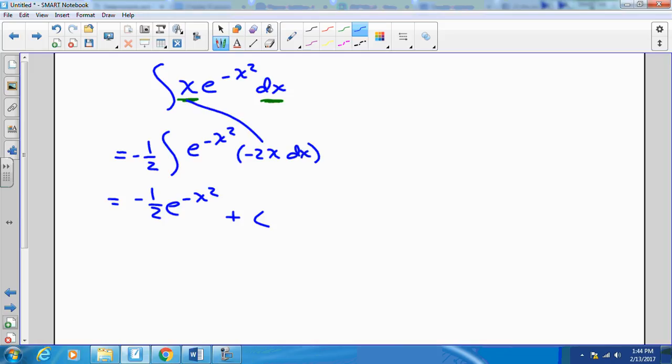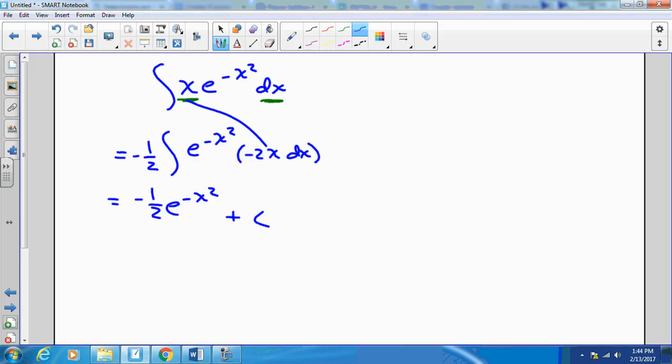Where'd the x go? Okay, so let's be careful here about where they came from. I cannot just go throwing pieces into my integral because it makes my life happy.